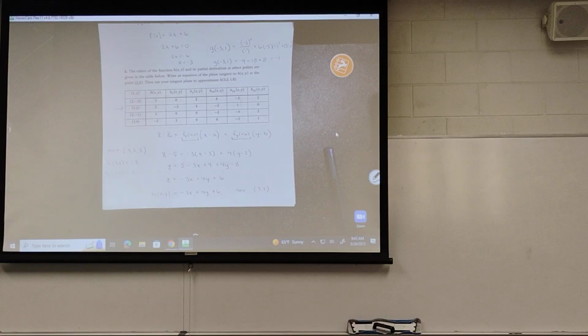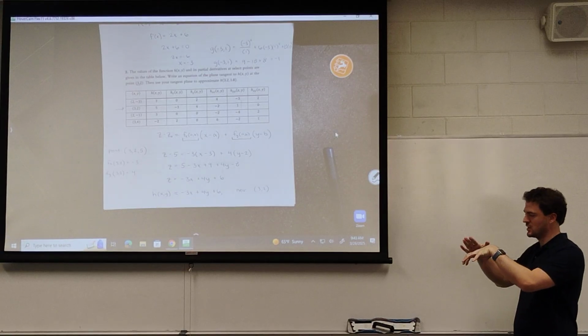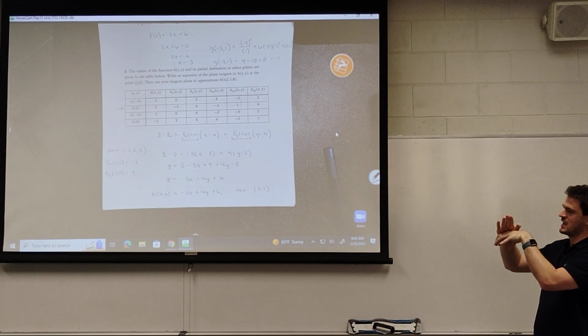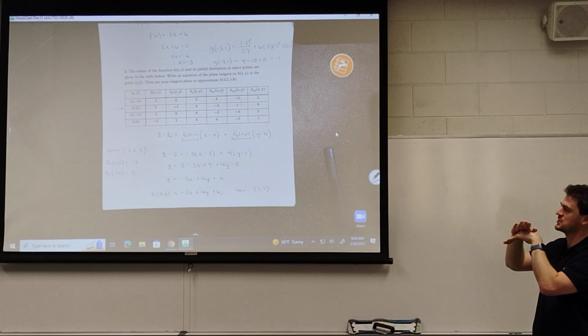I'm going to just pause there for a second because conceptually that's the leap for this problem that we have to make. We've got some sort of surface, you make a tangent plane, and we're saying, I don't know what the surface looks like, but around that point where you're tangent, that tangent plane becomes an approximation.